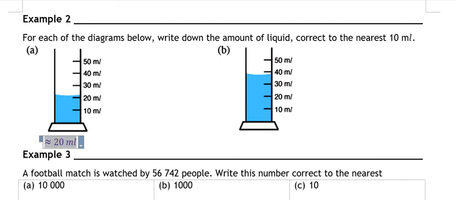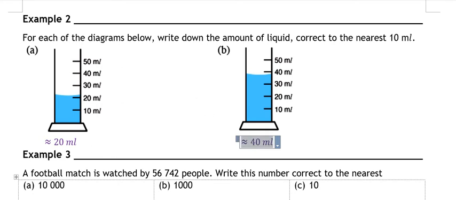All right, so that's part A. And you can see here in part B, in the diagram, that it is approximately near to 40 milliliters. So your answer will be approximately equal to 40 milliliters, right? So that's the second example.